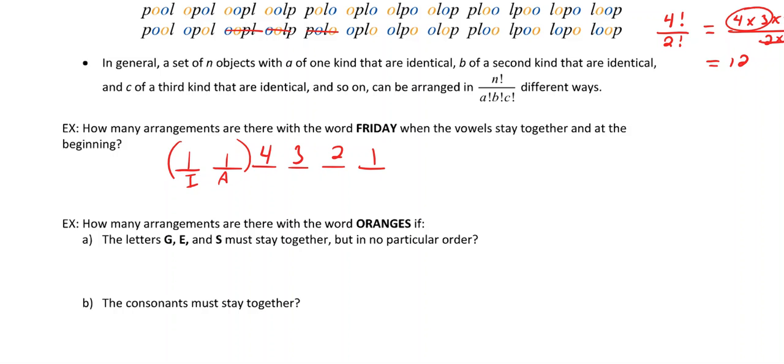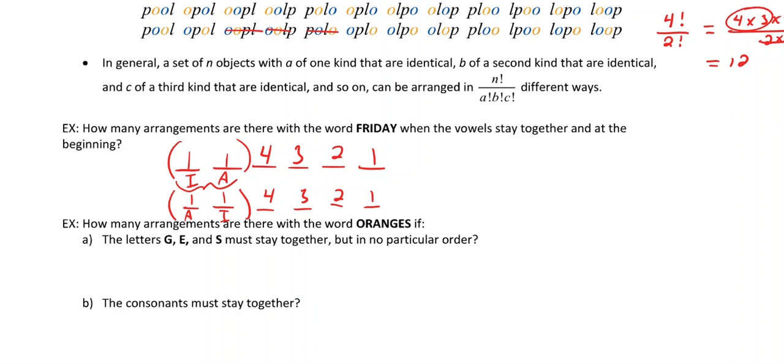But now you're probably saying, yeah, but that wasn't the question, was it? It said that they just had to be together. They didn't have to be together this way. So we could have also written it with the A first and the I second, and then you'd have one way for that to happen, one way for that to happen, and then we'd have our blanks again, 4, 3, 2, and 1.